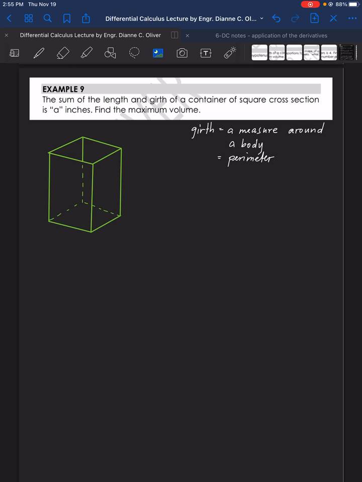So if you measure the girth around this container here, so we are measuring this portion. 1, 2, 3, 4. That is around the body. If we put here x, then therefore the girth here is 4x.